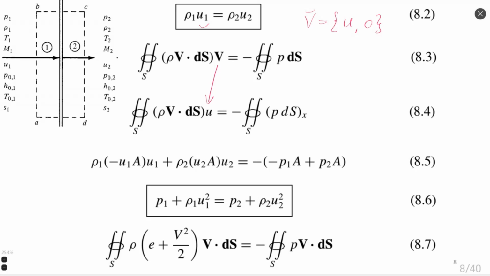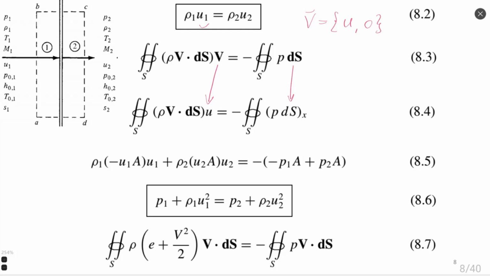And since our control volume is rectangular, it corresponds to the axes of the coordinate system. Instead of integration over the complete area, we are integrating only in the direction of x. In the direction of v, we will not have any kind of integral. So these are simplifications.